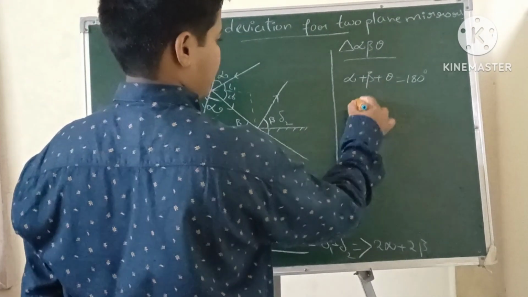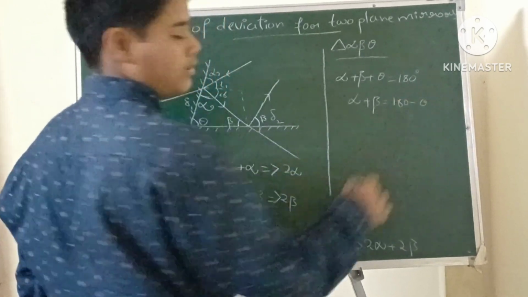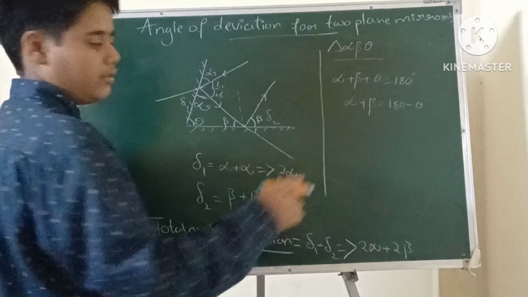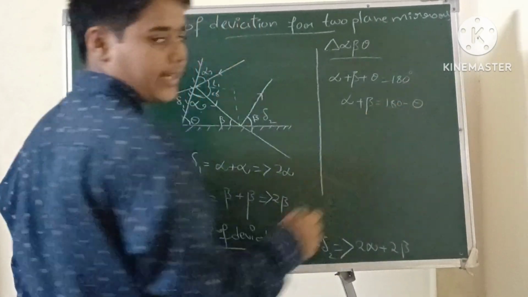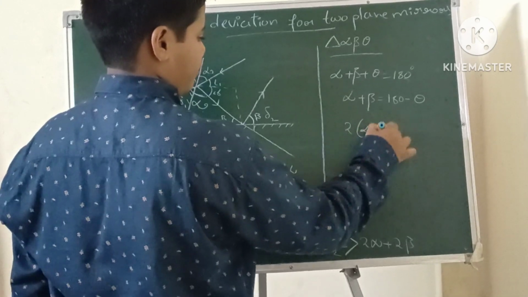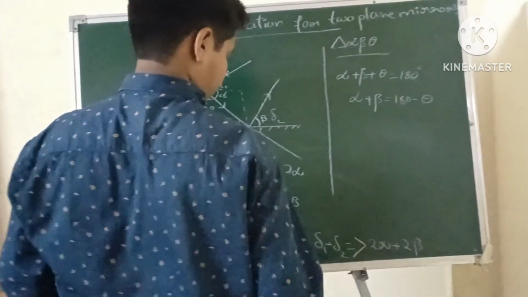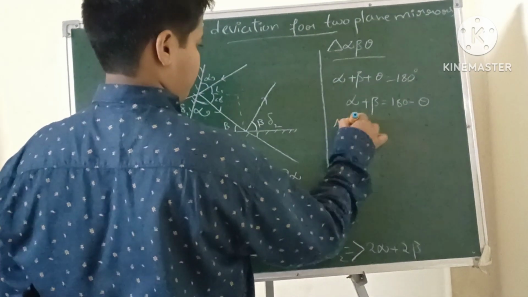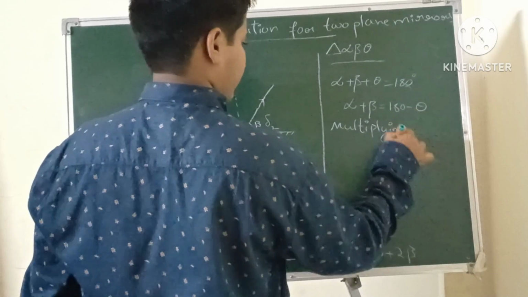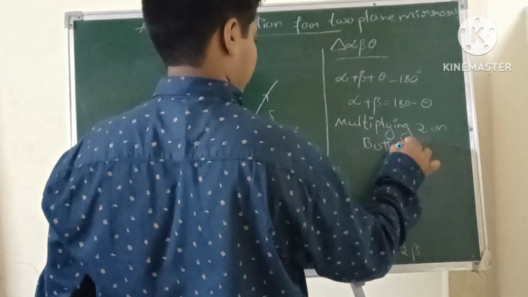So in this alpha plus beta is equal to 180 minus theta. I am transposing theta like this. And I am multiplying 2 on both sides.